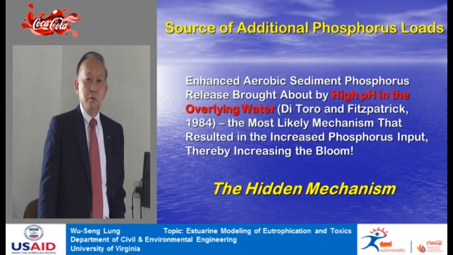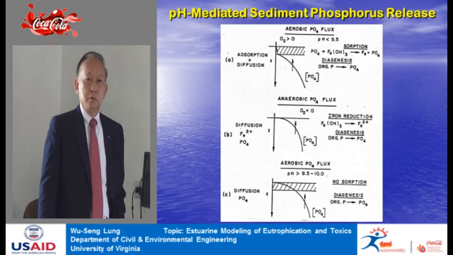Now, we call that a hidden mechanism. How to explain this? In the anaerobic case, this is typical. Two layers: this is the aerobic layer, and this is phosphorus. Here oxygen is greater than 0. Here is anaerobic, and we do have certain absorption trying to hold on to it with the pH normal, less than 9.5.